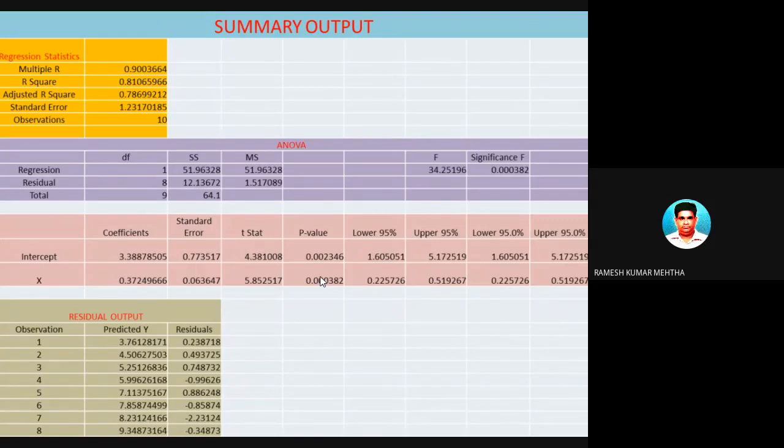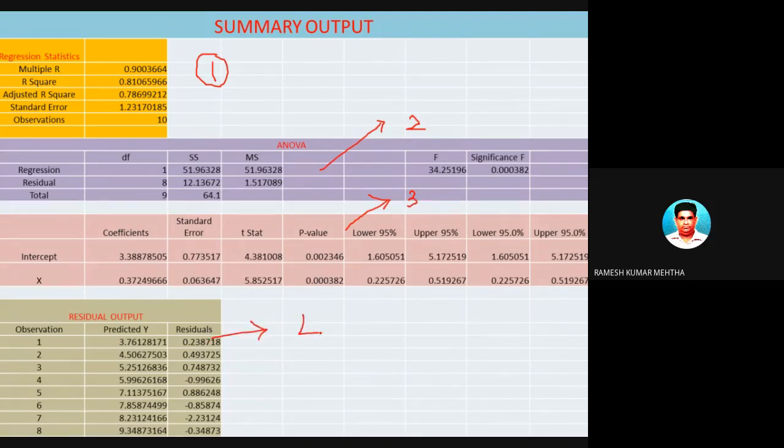Whenever you apply regression, you will get data like this, and this data is very important. This is one particular output you get, this is the second output, this is the third output, and this is the fourth output.